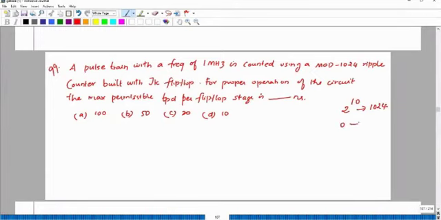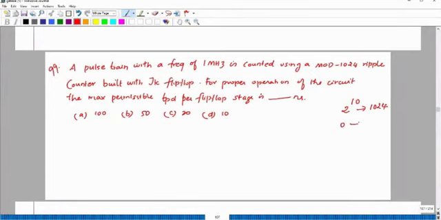So you require 10 flip-flops, 10 JK flip-flops, to construct this ripple counter. They have given the total frequency as 1 megahertz, and they are asking for the propagation delay per flip-flop stage.